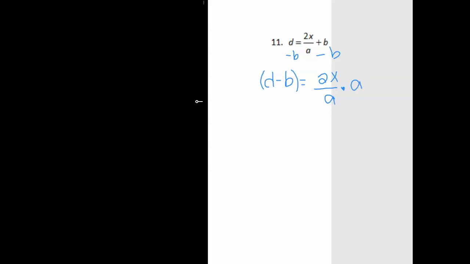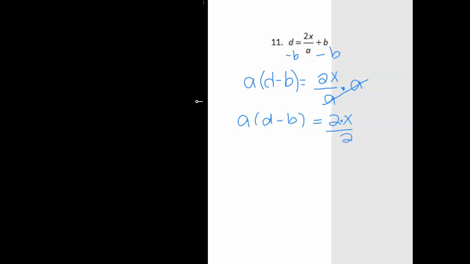And again, if you have two things being added or subtracted, that multiplication has to go to both. So I have A times D minus B equals 2X. So X is being multiplied by 2.